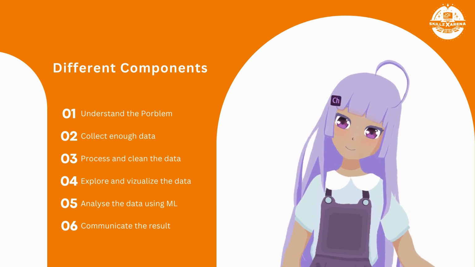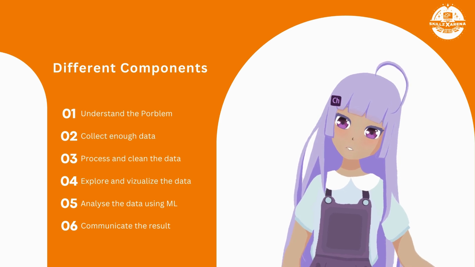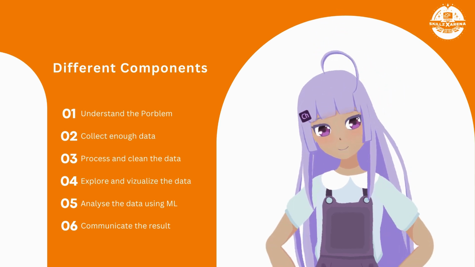In this step, we can either take help of different machine learning algorithms available to us to extract the final result, or we can apply simple maths and statistics to get the final results. So this is what the step is about.